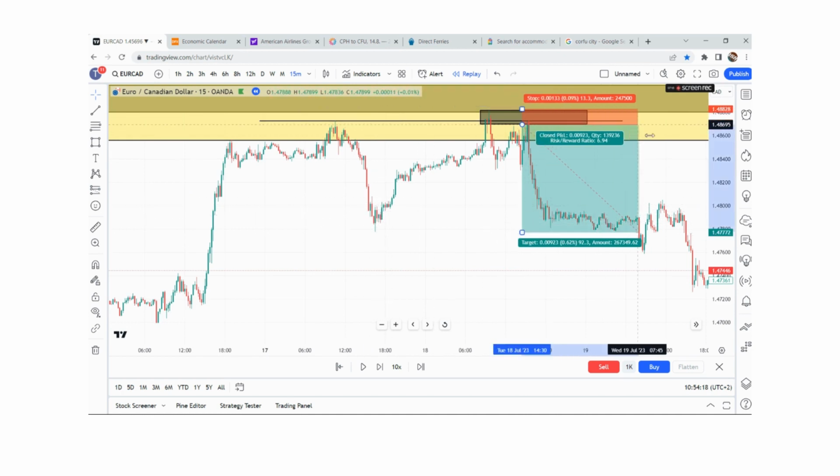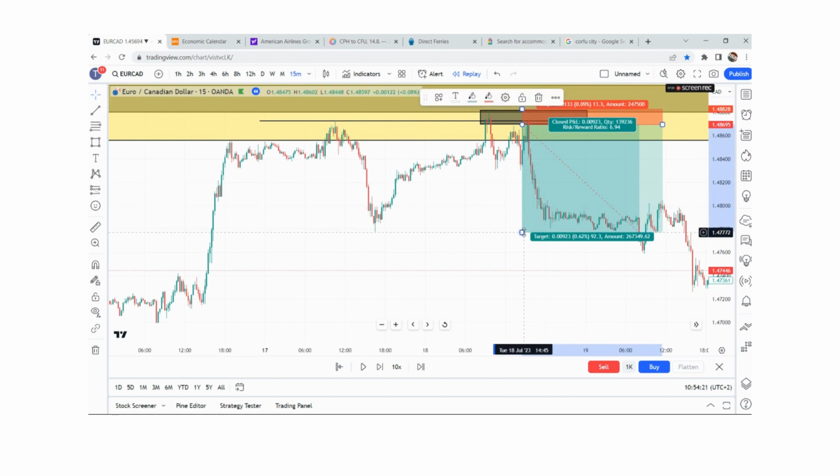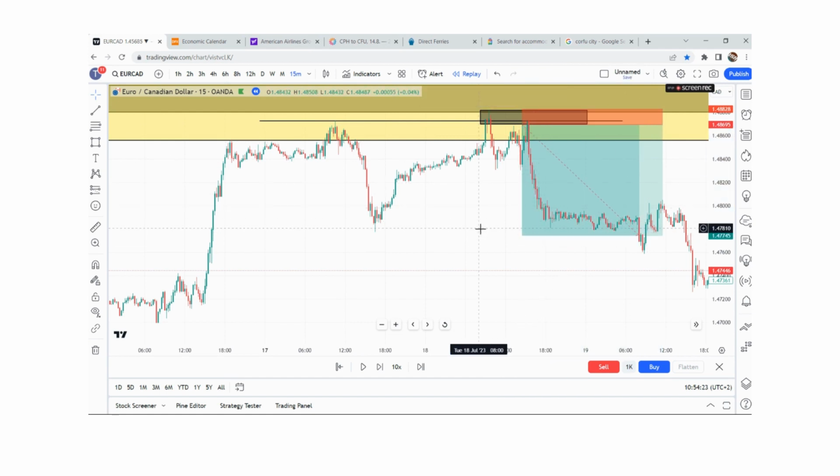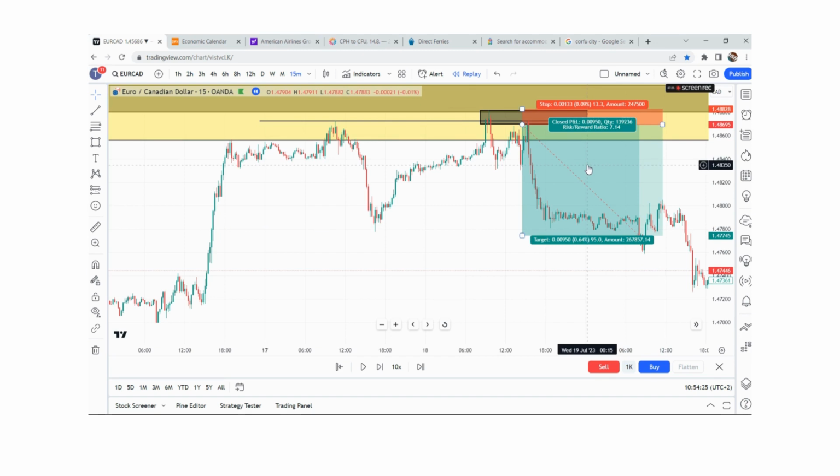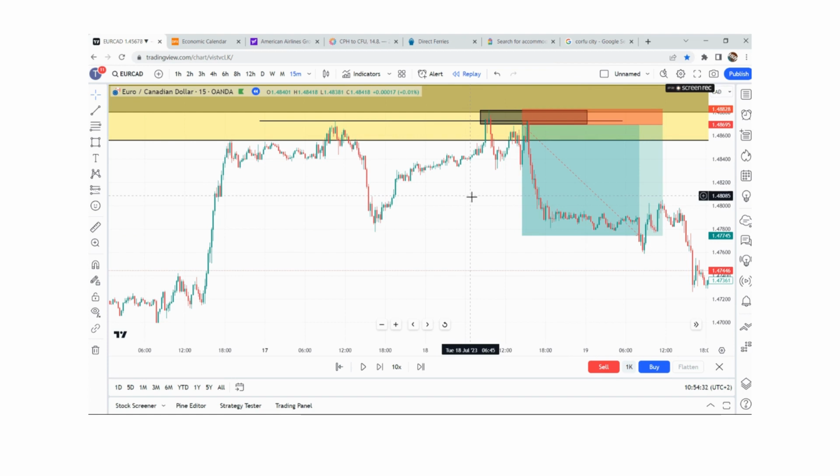So my target was like that. You can see I made around 1 to 7 risk to reward, and this is a very low risk and high reward trade, and that's the way we want to trade to survive in the longer term in the trading business. Low risk and high reward.